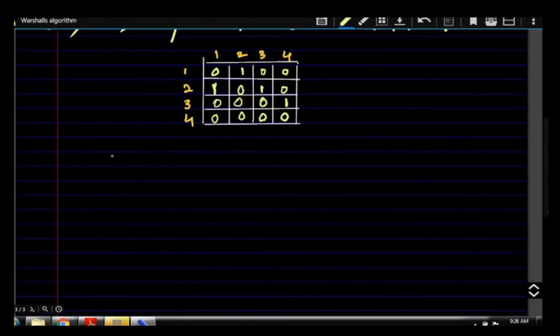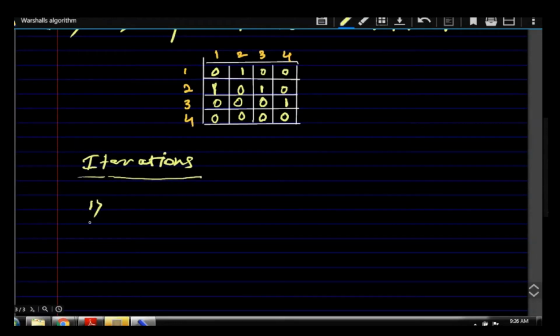So now next, the iterations of Warshall's algorithm will start. First iteration is when k equals 1. So k equals 1 means this k will be represented as the column numbers: k equals 1, k equals 2, k equals 3, and k equals 4.